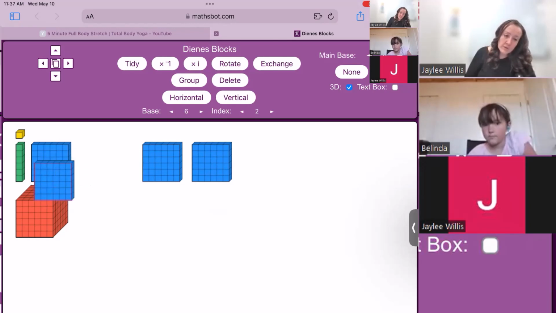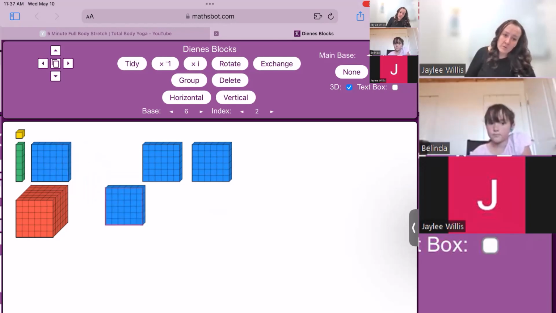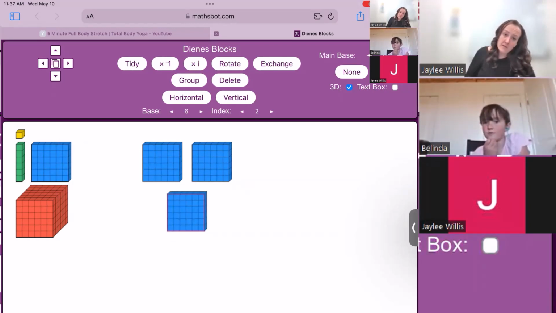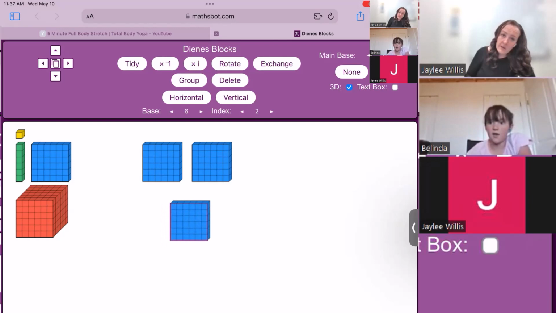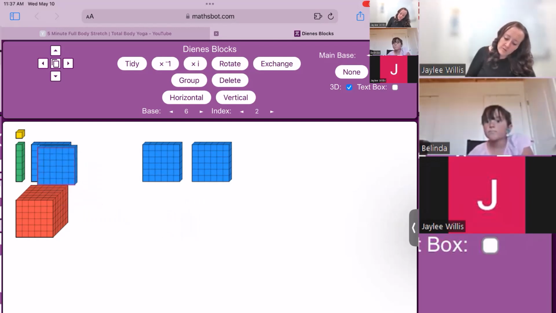And you said we don't want to charge them another one of these. Why don't we want to charge them another one of these? Because that would be too big, right? If you had 72 plus another 36, that would be 108, which is way bigger than what we want to charge. So we're not going to charge them that.